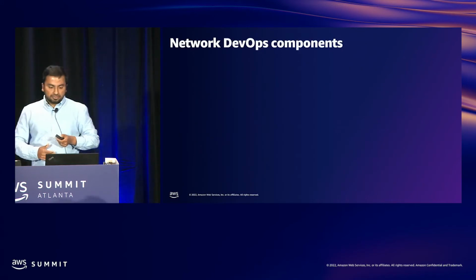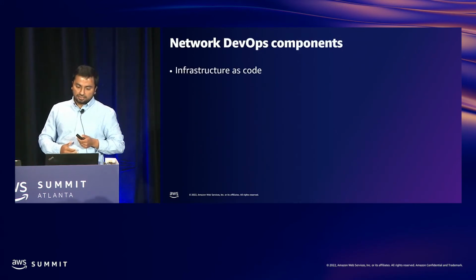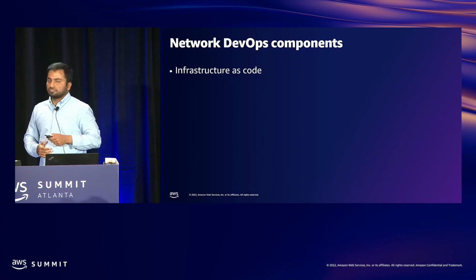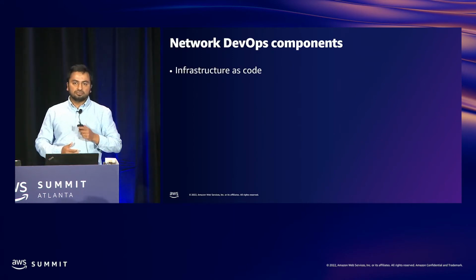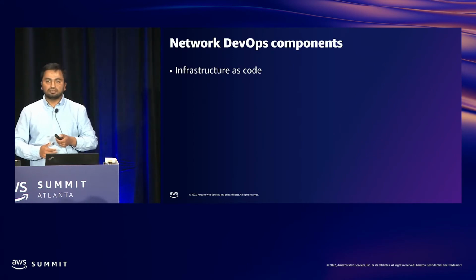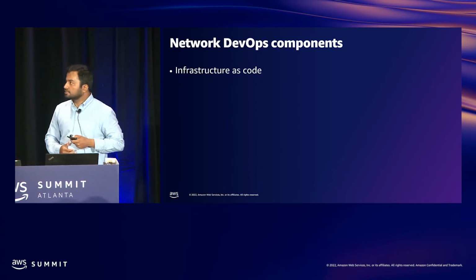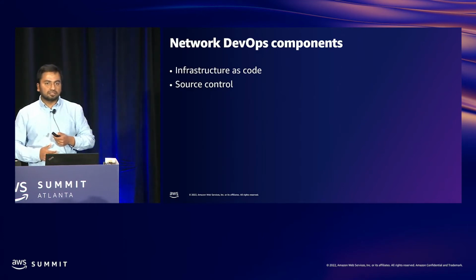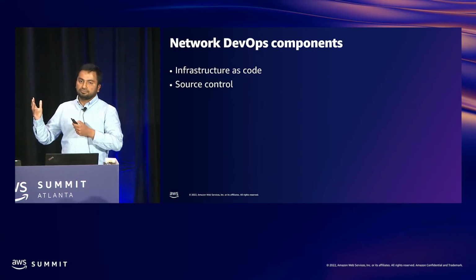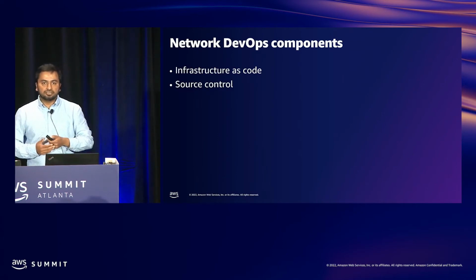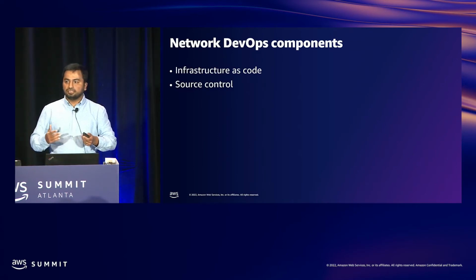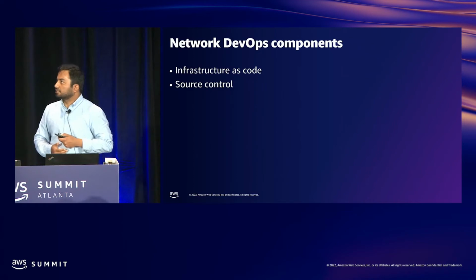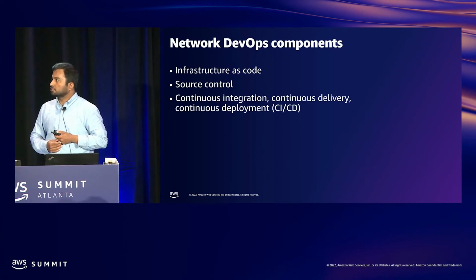Some of the components that will help: as I mentioned, you need to have infrastructure as code. You can use CloudFormation, Terraform, or CDK, depending on your choice. Have it source controlled, either with AWS CodeCommit if you're going native, or GitHub or GitLab, depending on whatever source control you're using.